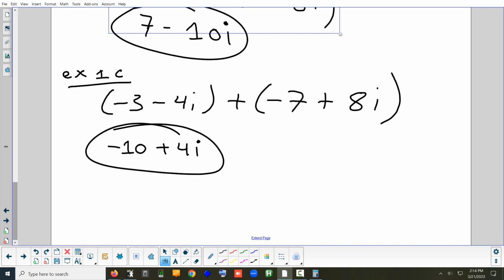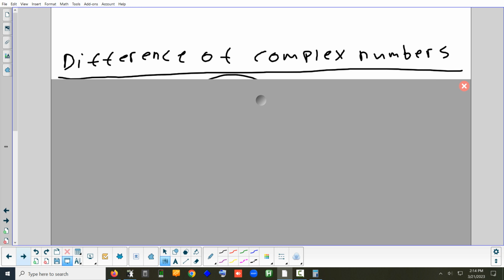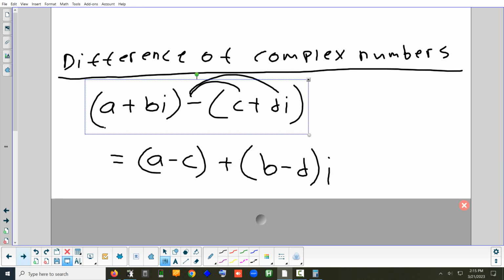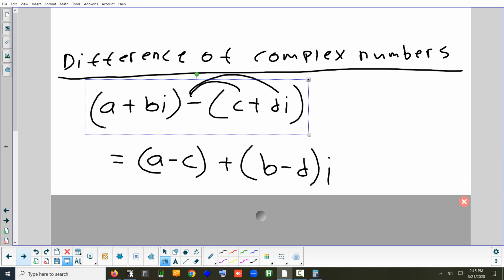Okay, so that's adding. Well, subtracting is really pretty similar. The difference is, you have to distribute the negative. So when you have a complex number that's being subtracted, whatever minus sign you have here, you've got to distribute it to the C and to the D. So what you end up doing is A minus C. That's how those are going to combine.